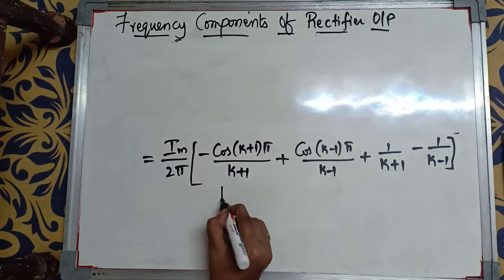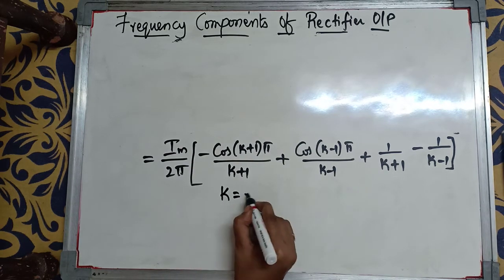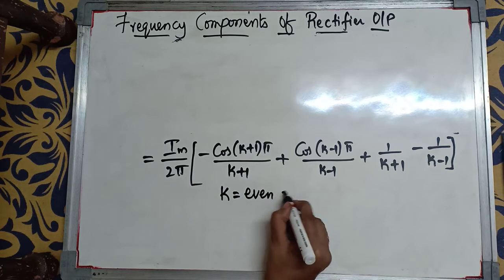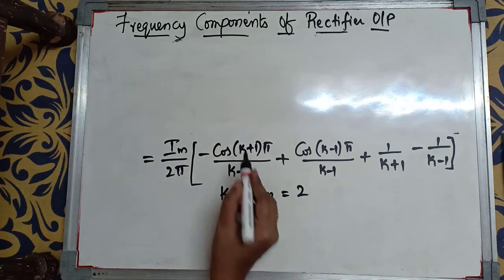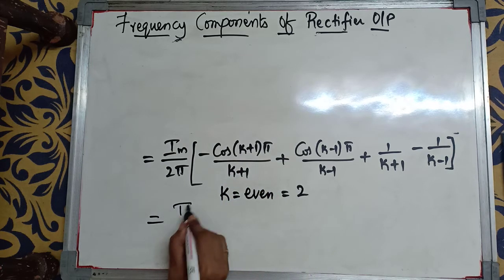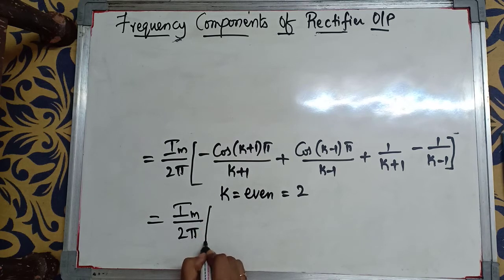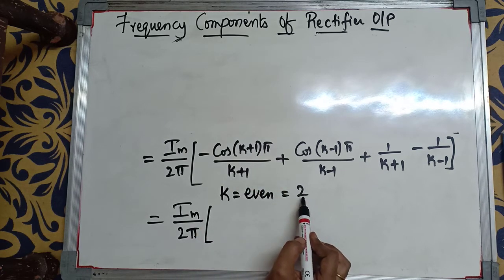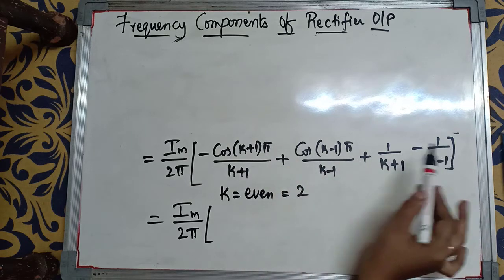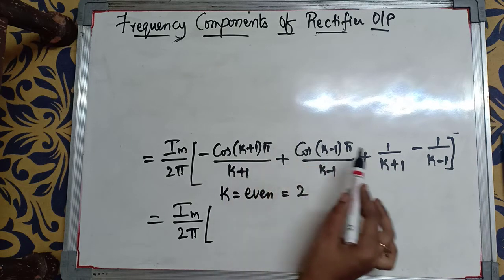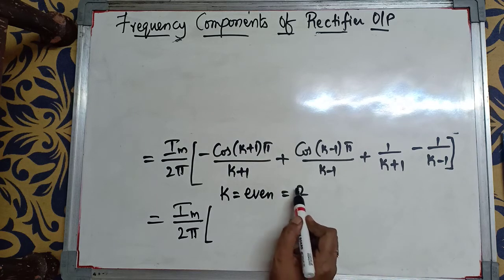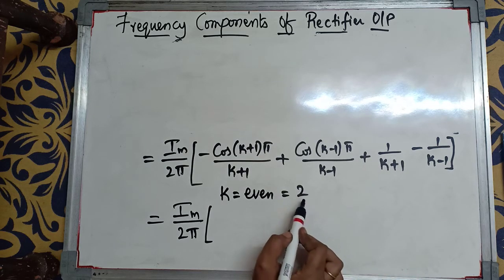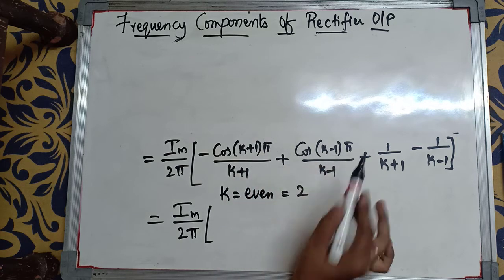Let us say that k is equal to some even number, say 2. In order to get a general term, I will substitute 2 only in the numerators, because the cos value will be the same whether it is 3 pi, 5 pi, etc.